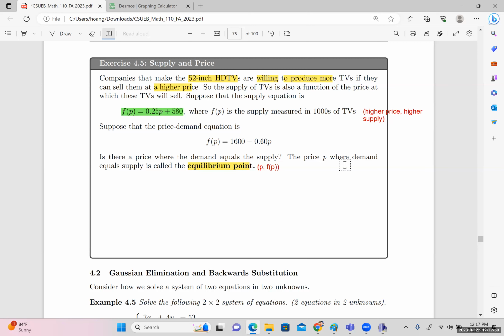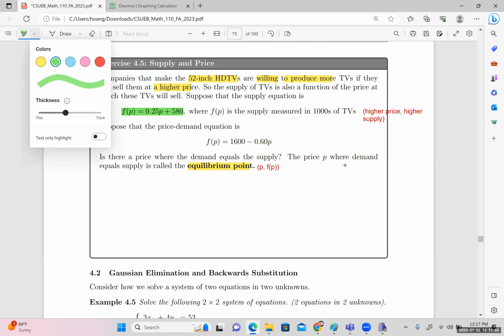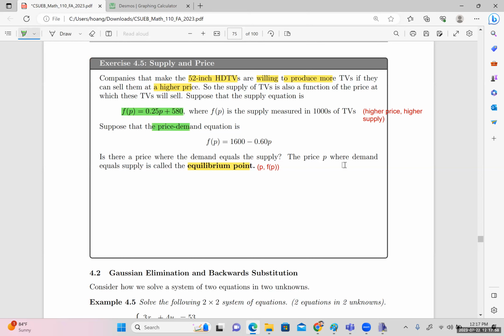On the other side, we also have the price demand equation.